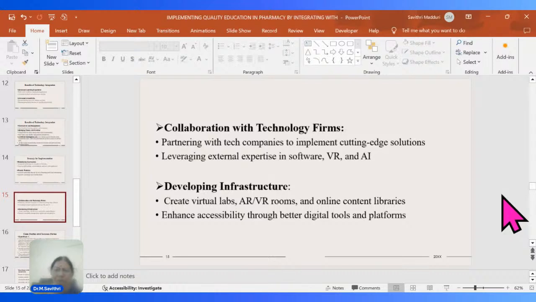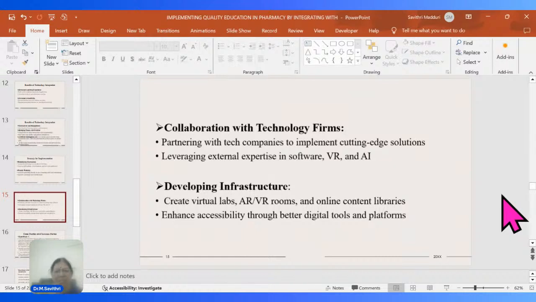They are doing it outside, but if it is incorporated in your curriculum, by the time they go out of the college, they will have a very good experience with it. These days, even in industry, in clinical research and in other development, they are using all these tools. If they are trained properly in the college itself, and the teachers also, we will also get better quality.